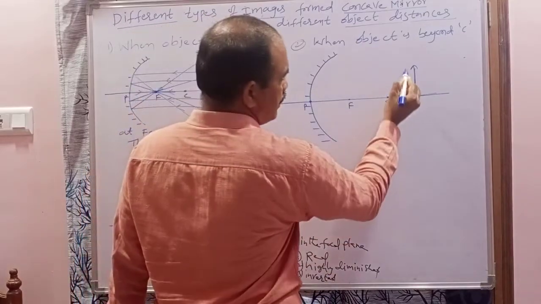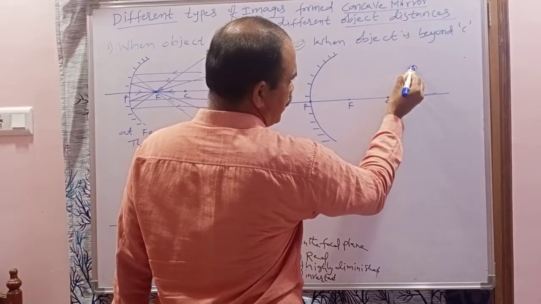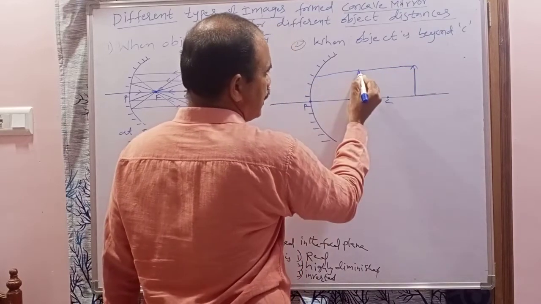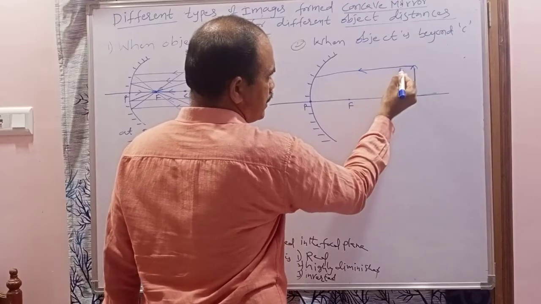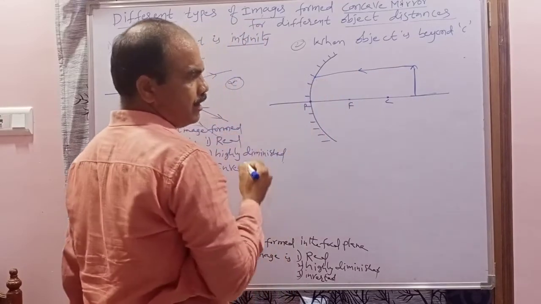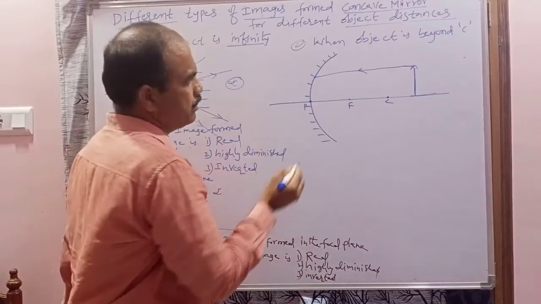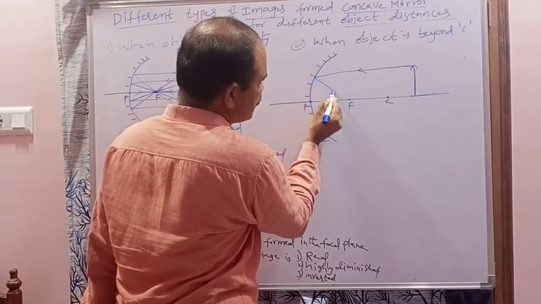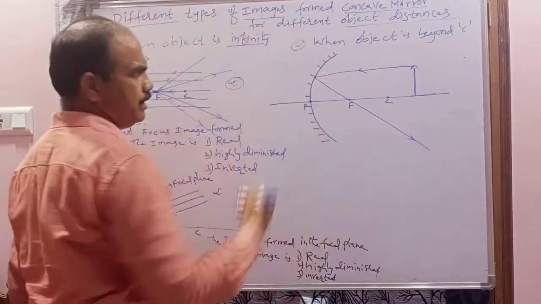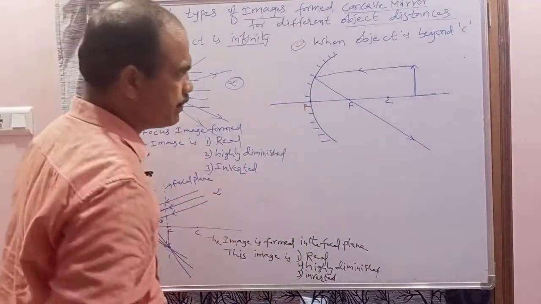First, I am taking one incident ray coming from the top of the object, parallel to principal axis, incident on the concave mirror at this point. After reflection, according to the rule, it passes through focus. This is the reflected ray corresponding to the incident ray parallel to principal axis.